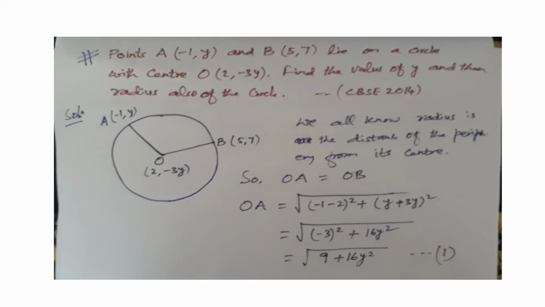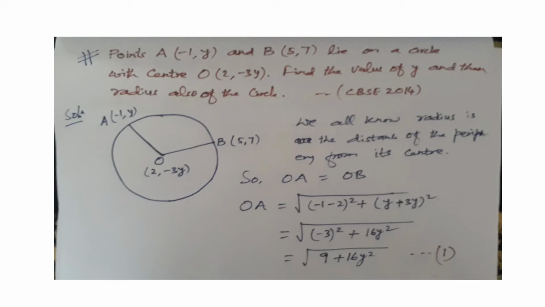Now we are seeing one problem. Points A (minus 1, y) and B (5, 7) lie on a circle with center O (2, minus 3y). Find the value of y and then the radius of the circle. This question is from CBSE 2014.